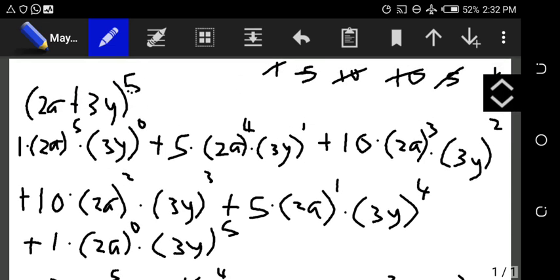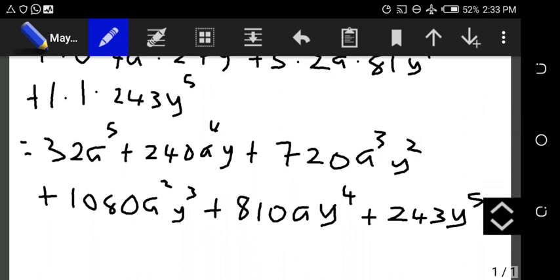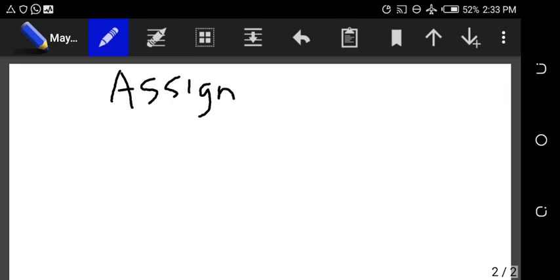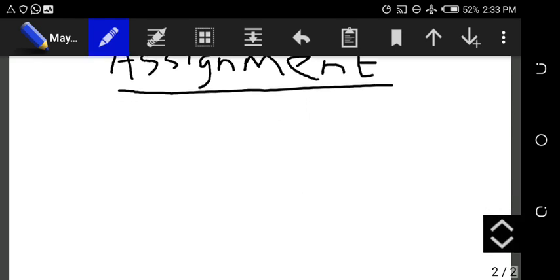All right. But before then, I will also want you to consider this assignment. Try to solve this. It's just like what we have done here. So try that and let me know how it goes. Try to expand this using Pascal's triangle.